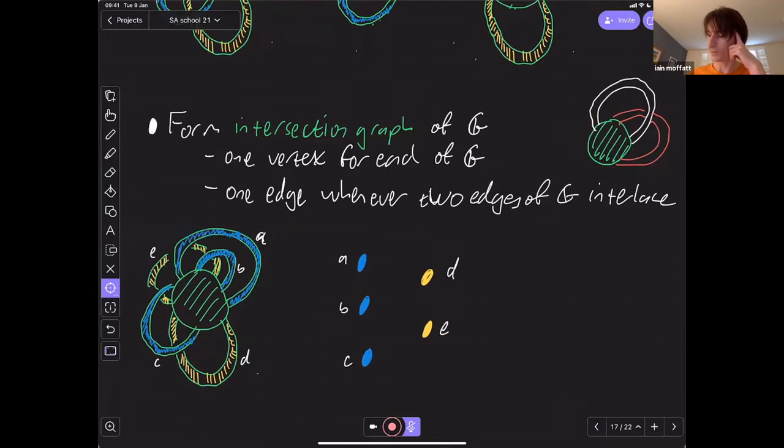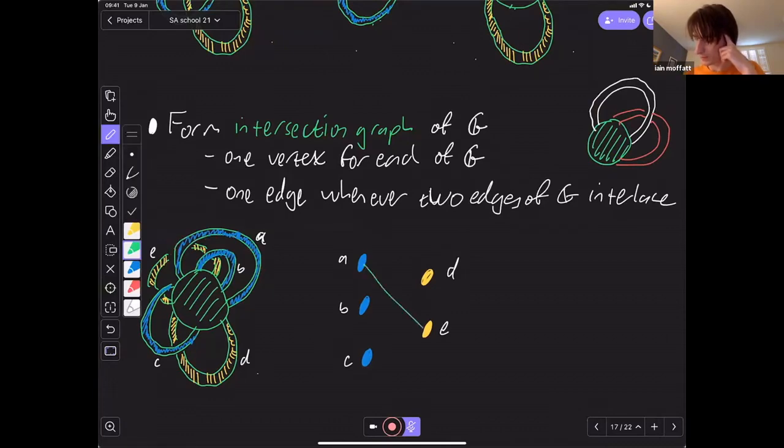I'm going to take one vertex for each edge of the ribbon graph, and whenever two edges interlace, I'm going to throw an edge between them. So A interlaces with E, so I get an edge there. My B interlaces with E, like so. My D interlaces with C, and also my E interlaces with C.